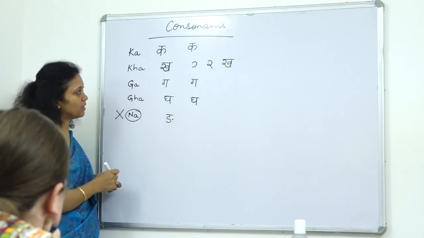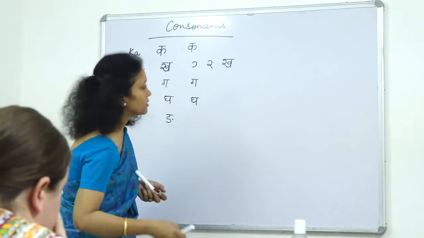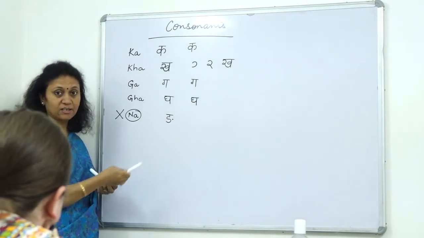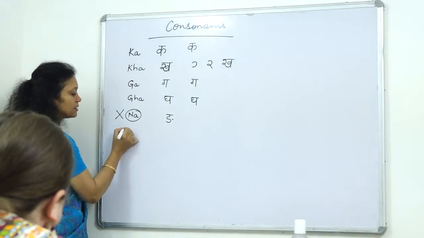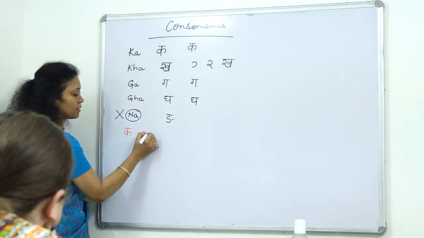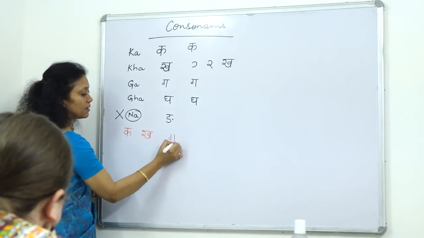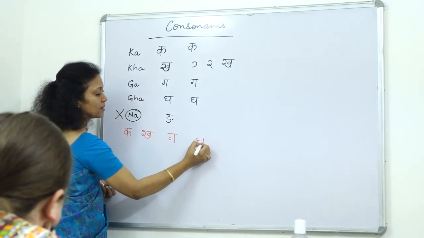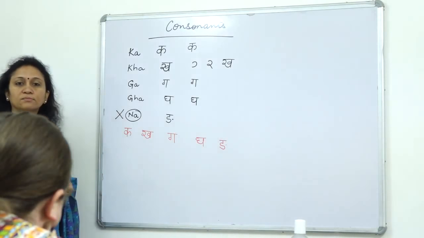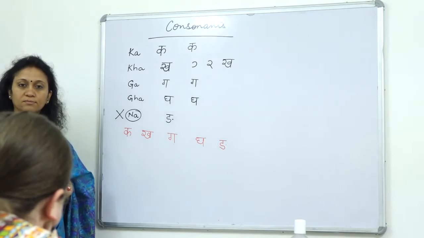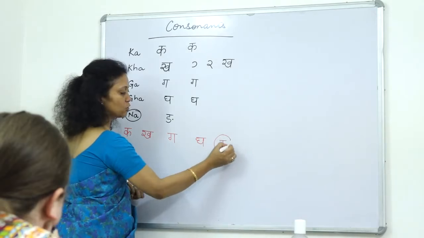So when you're going to do it in a row, as I said, there are 5 rows that you have, you will write it as k, kh, g, gh, and the last one is not used.